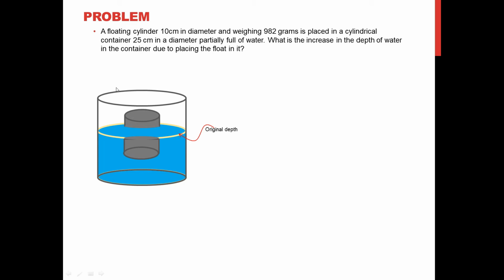If we're going to place that float, of course, the depth will increase because of the volume that was inserted. In short, the space that was occupied by your floating cylinder will have its corresponding depth increase. Now, this will be our final depth.